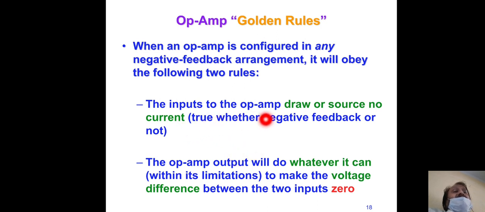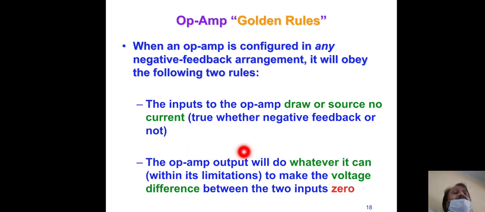First rule: the inputs of the op-amp draw or source no current, whether with negative feedback or not.